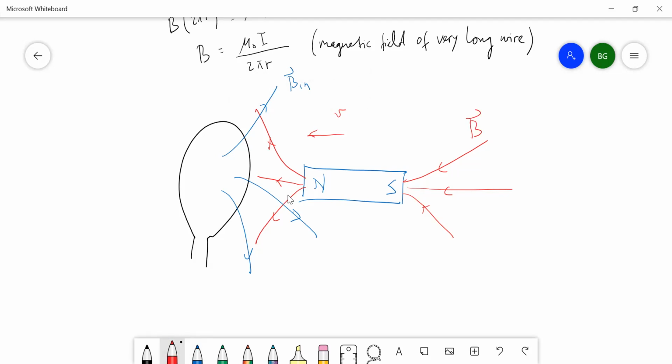If you use your right hand, you will get that the current flows this way. So they produce an induced magnetic field that repels the magnetic rod. Is that clear? Which part is not clear?